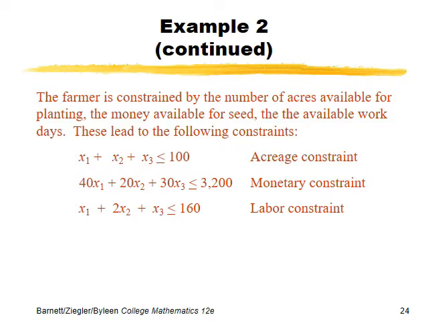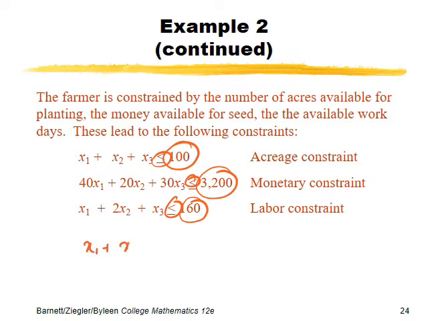It is very easy to formulate these constraints. The total area is 100, and his total budget is 3000. He can spend a maximum of that, and the number of labor hours is 160. Now we will write them as a standard maximization problem. All the constraints are, as you can see, in the less than or equal form, and we have an objective function, so it is a standard maximization problem.